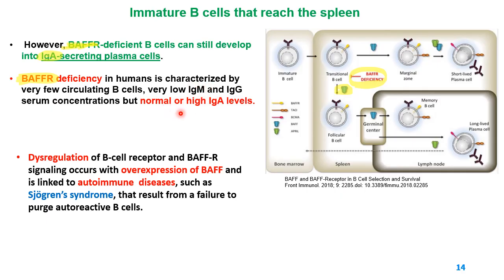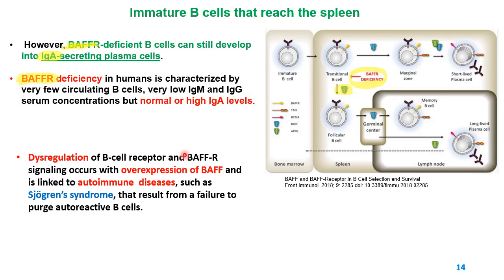So basically, if you see a person that has a defect in this gene, you see normal levels of IgA production, but you don't really see normal levels of the other isotypes. Okay, they didn't even mention IgE here, but you can imagine it's also low. Okay, so normal IgA levels, but low levels of the other antibodies.